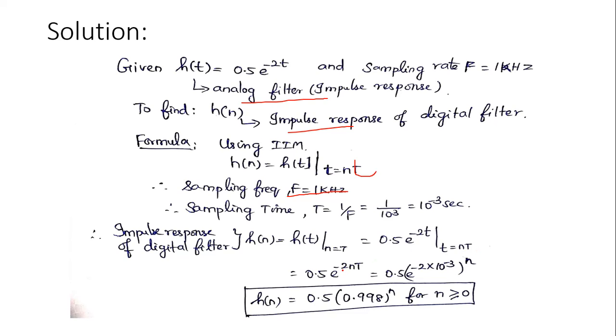In the h of t, we are replacing small t with n into capital T. So e power minus 2 into n into capital T, that is minus 2 into 10 power minus 3, with n taken as the power. If we calculate e power minus 2 into 10 to the power of minus 3, it is 0.998 whole power n. So we have transformed the impulse response of the analog filter into the impulse response of the digital filter.